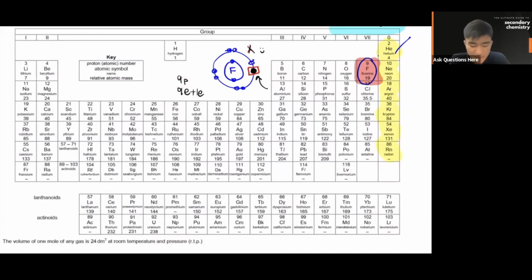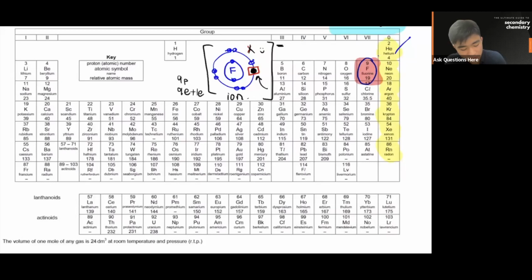So what happened? The whole fluorine is now going to become negative, right? Because proton positive, electron negative, I got 1 extra electron versus the number of protons. This whole thing is going to become a negatively charged species. And this is called an ion. Understand this with me, it's called an ion.